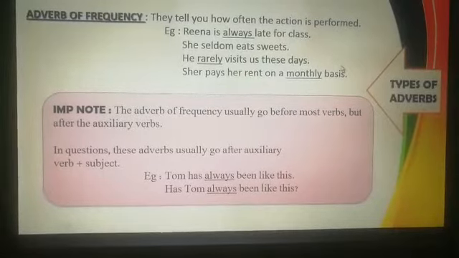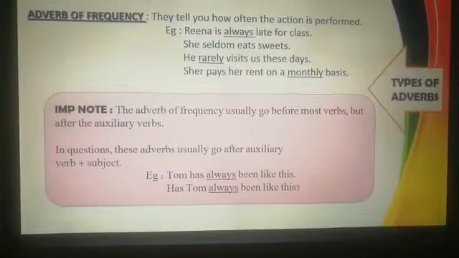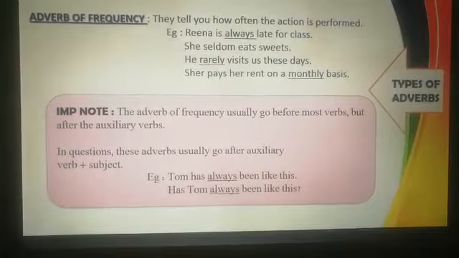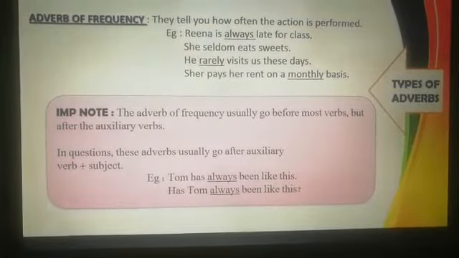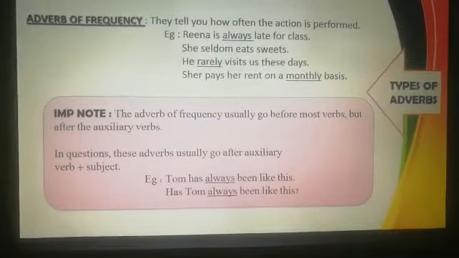So adverb of frequency tells us how often the action is performed. It generally answers the question how often.